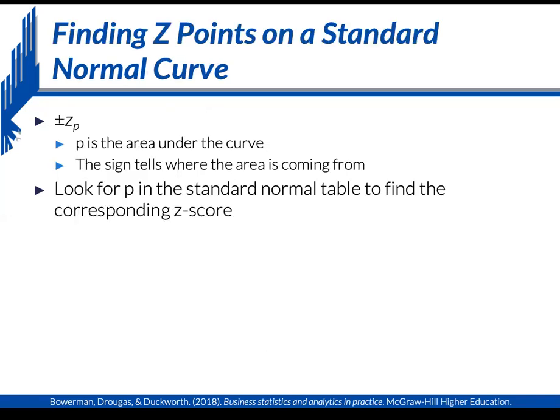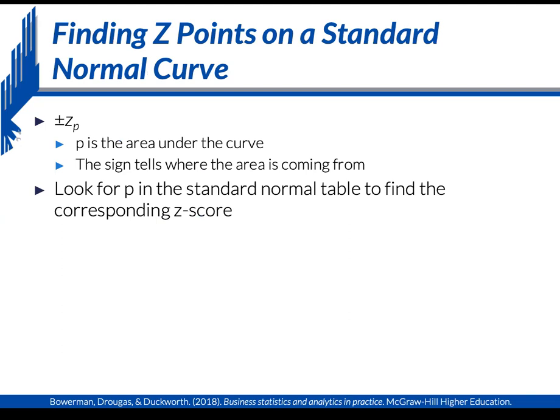Now, aside from finding probabilities, standard normal tables also allow us to do the opposite. Sometimes we are given a probability and we need to look for the corresponding z-score. So we can also do that using the standard normal table. And unfortunately, this is not something that is possible using most calculators.